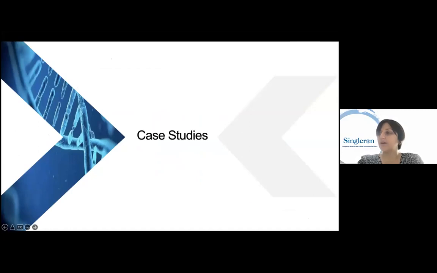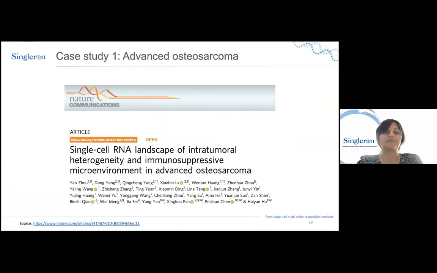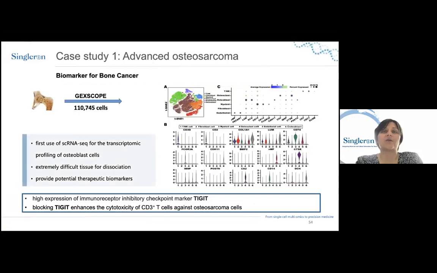Now I would like to briefly walk you through the case studies and the publications that have successfully used our products in the past. Let me first talk about the paper published in Nature Communications. It's a paper on advanced osteosarcoma. If you have ever worked with bone cancer, you probably know that it's an extremely difficult tissue for dissociation.